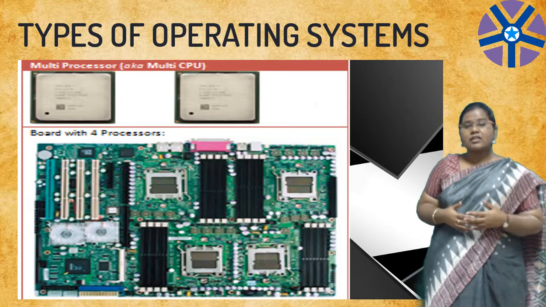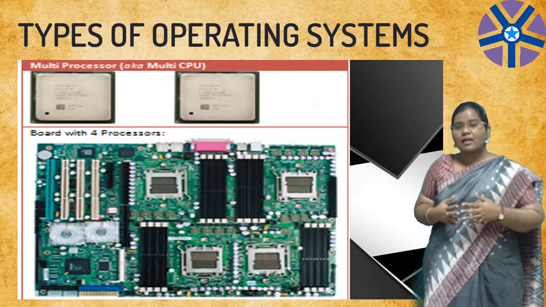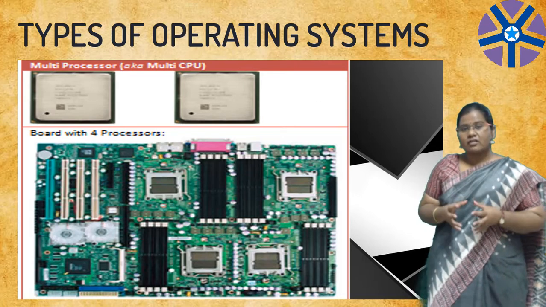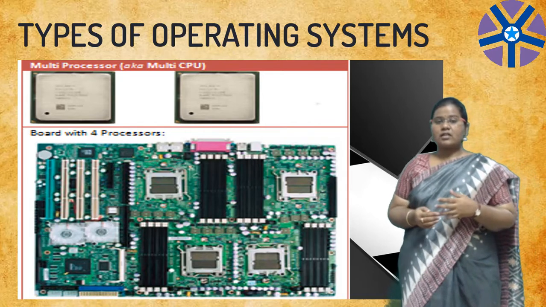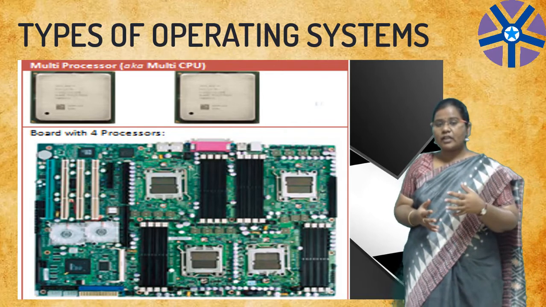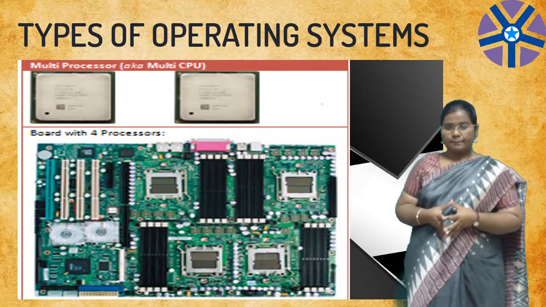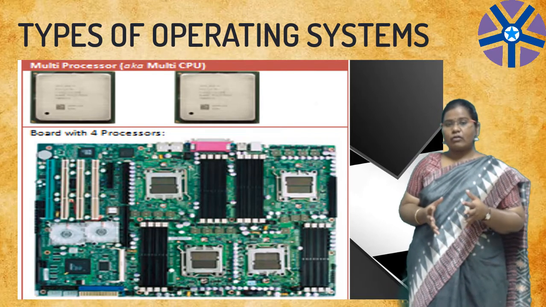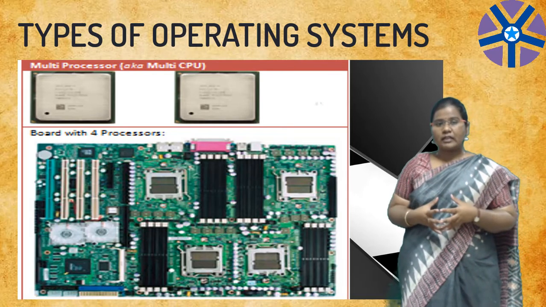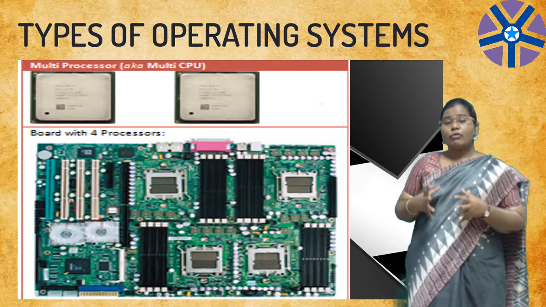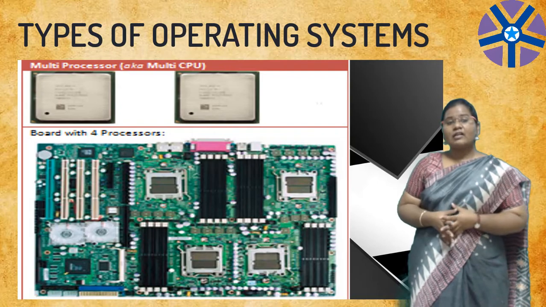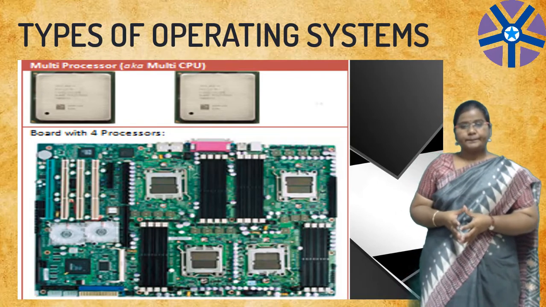Dual core means your operating system is supporting two processors at a time in your computer, whereas quad core means it is supporting four processors at a time. You will also hear about multi-core. Whenever you are using more than one processor, we can call it multi-core processing.